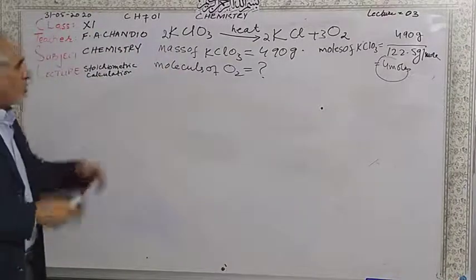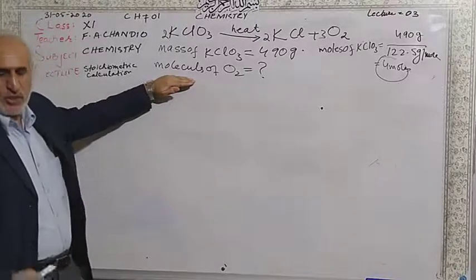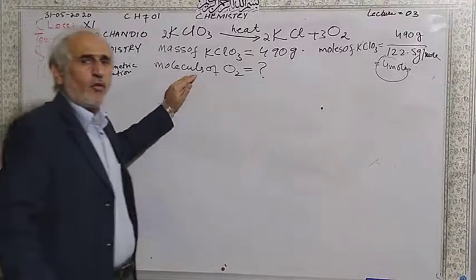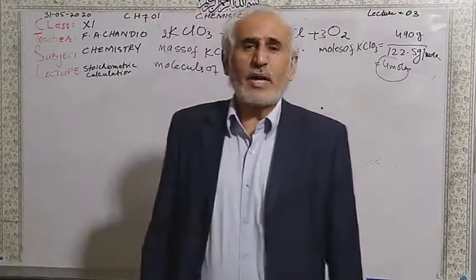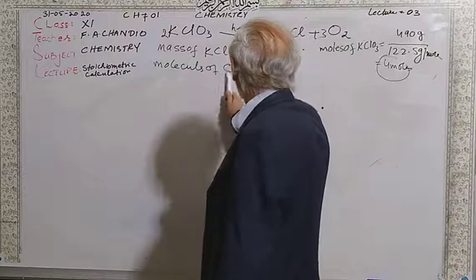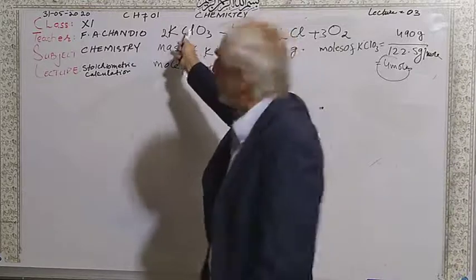Now, for the calculation of molecules, you must know the number of moles, because the formula for molecules is moles multiplied by Avogadro's number. So you must know the moles of oxygen. I know the moles of potassium chlorate here.